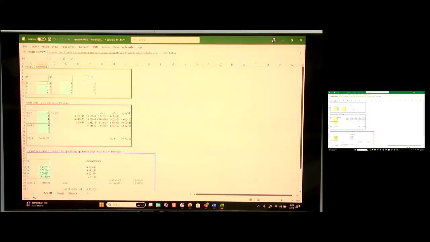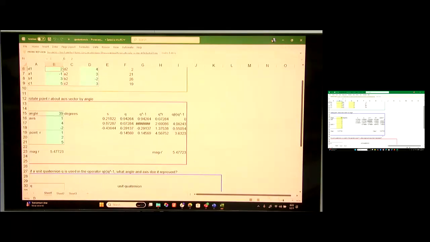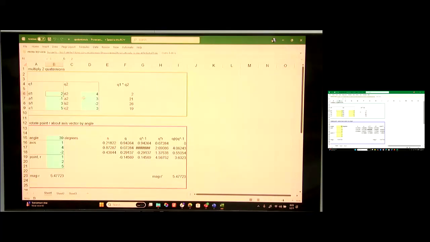The top one was, given two quaternions, Q1 and Q2, just multiply them out, and there's the answer. And this is the one that we just did. Suppose I was given the angle of rotation, so that's my 2 theta. I did not put it as a unit vector, but look at what I did in my calculations: I immediately calculated the unit vector.